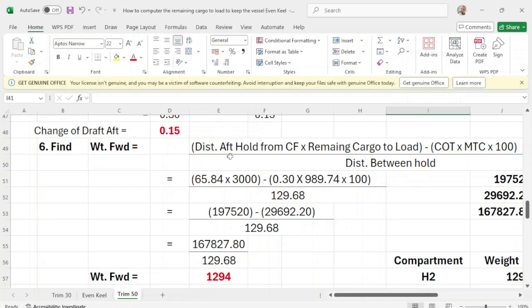So what is the distance of the hold from the center of flotation? Meaning hold number 7, the distance from hold number 7 to the center of flotation. So how much is that?